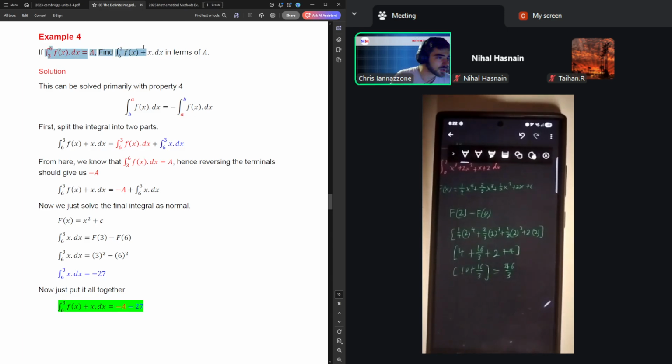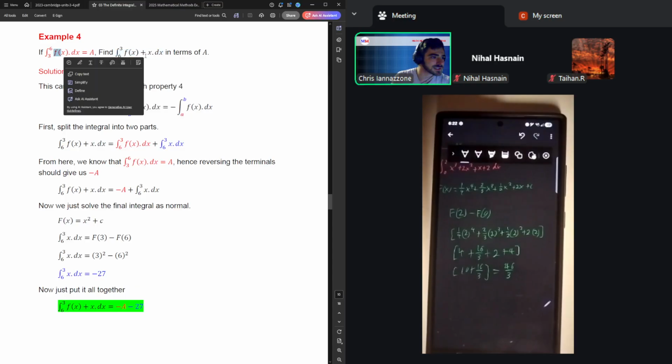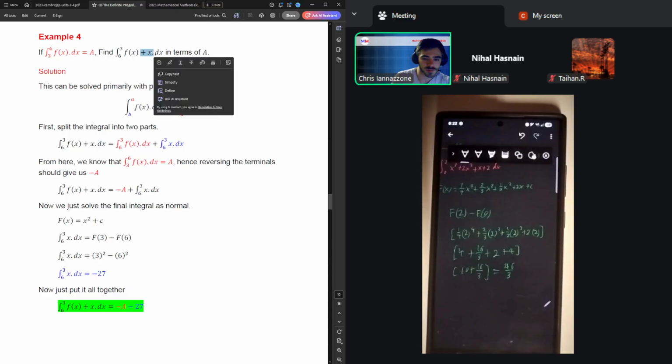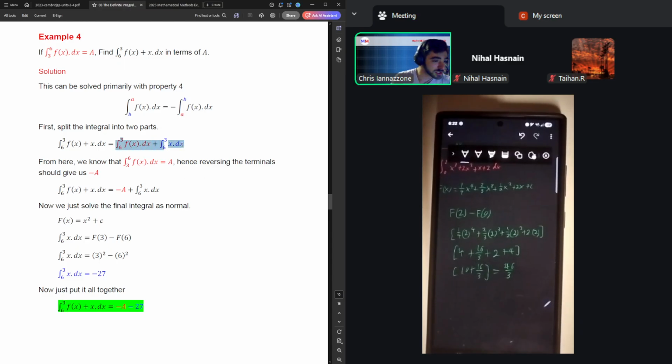So when we apply it to this sort of circumstance, again, we can see the terminals are kind of similar, but they're just swapped. That's our mental note to be like, okay, terminals are swapped, so that means that whatever this one is, it's the negative of. But it's not quite that simple, because this one actually isn't exactly the same. There's also this plus x involved in there as well. So we're going to actually use two properties here. The first is to split it up.